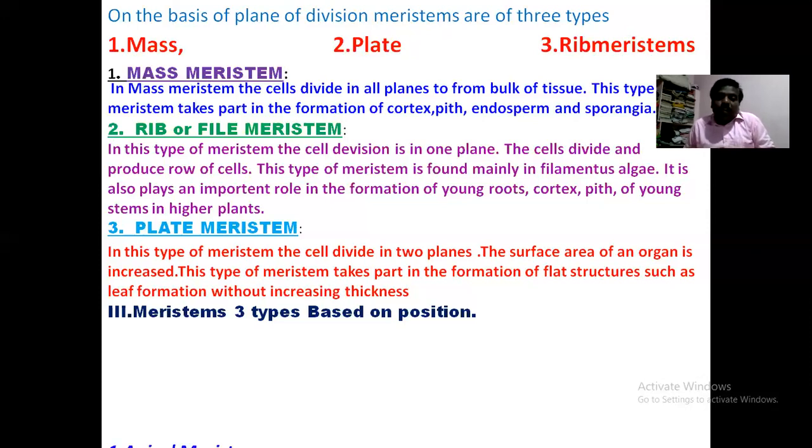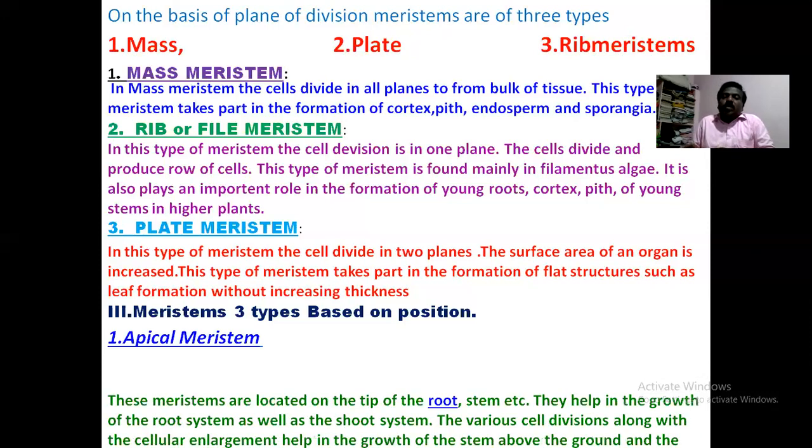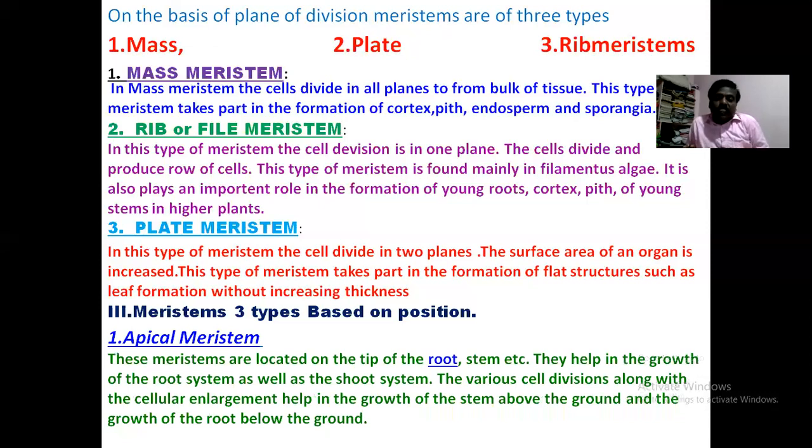One is apical meristem. These meristems are located at the tip of the root and stem. They help in the growth of the root system as well as the shoot system. Cell divisions along with cellular enlargement help in the growth of the stem above the ground and the root below the ground.